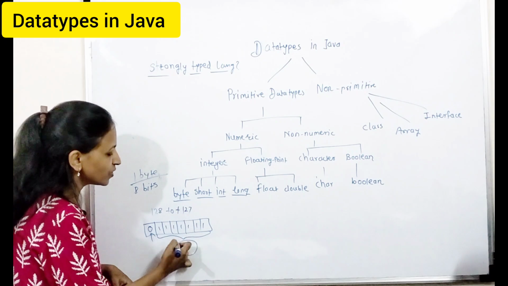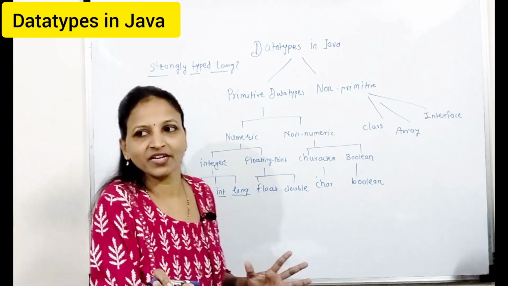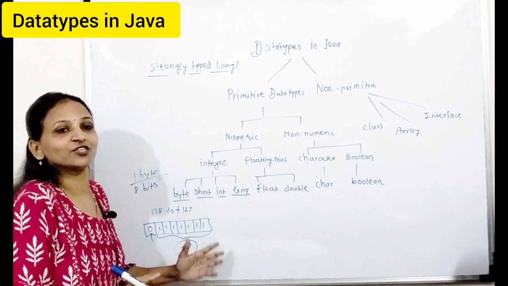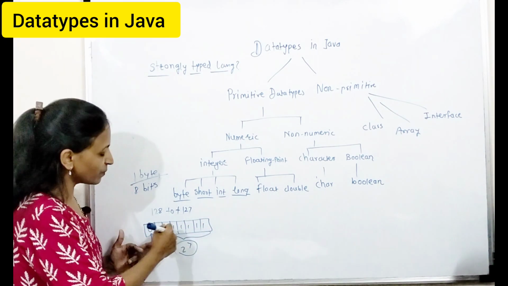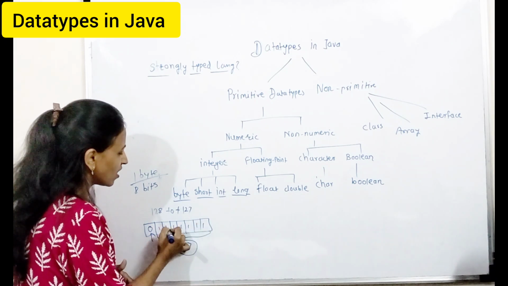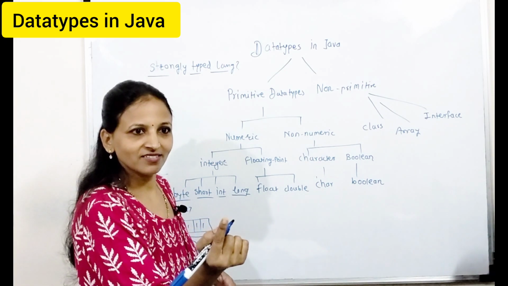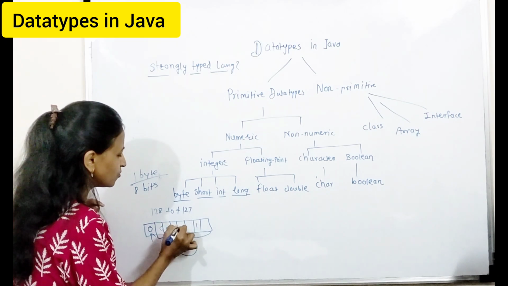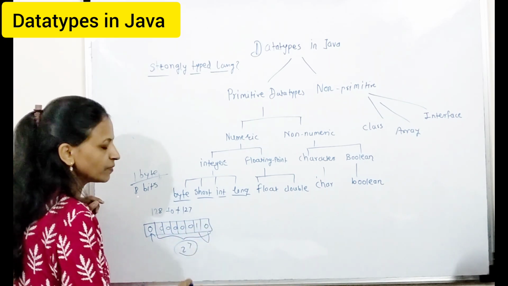That's why the allowed positive values are 2⁷ different combinations. The minimum positive value means all are zeros, and if the last one is 1 and the remaining are 0, then that is 1. If these two are like this, 0 0 0 0 0 1 0, this is nothing but 2.